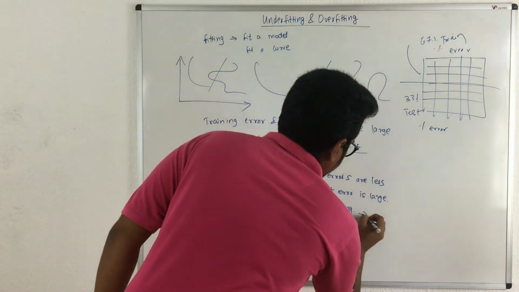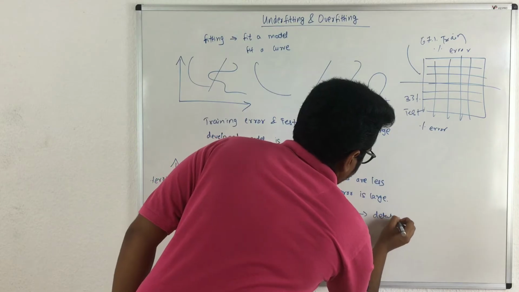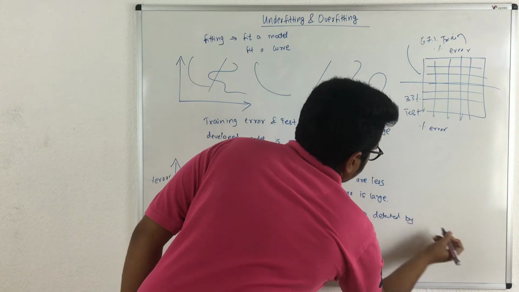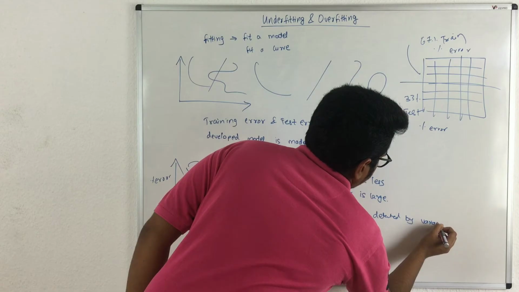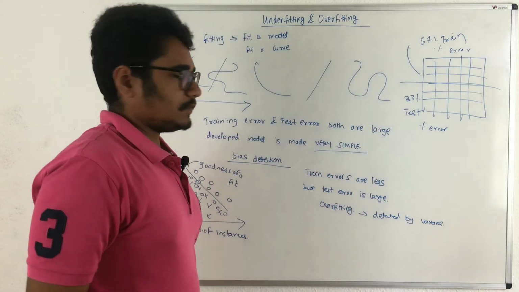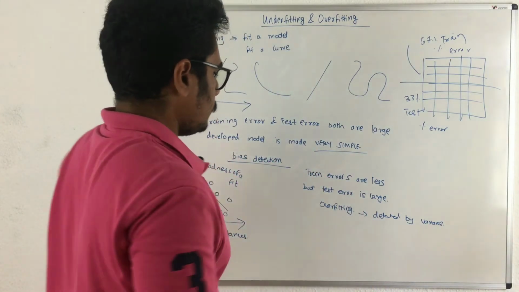Overfitting is mainly detected with the help of variance. You have various tests for detecting the overfitting of a curve.